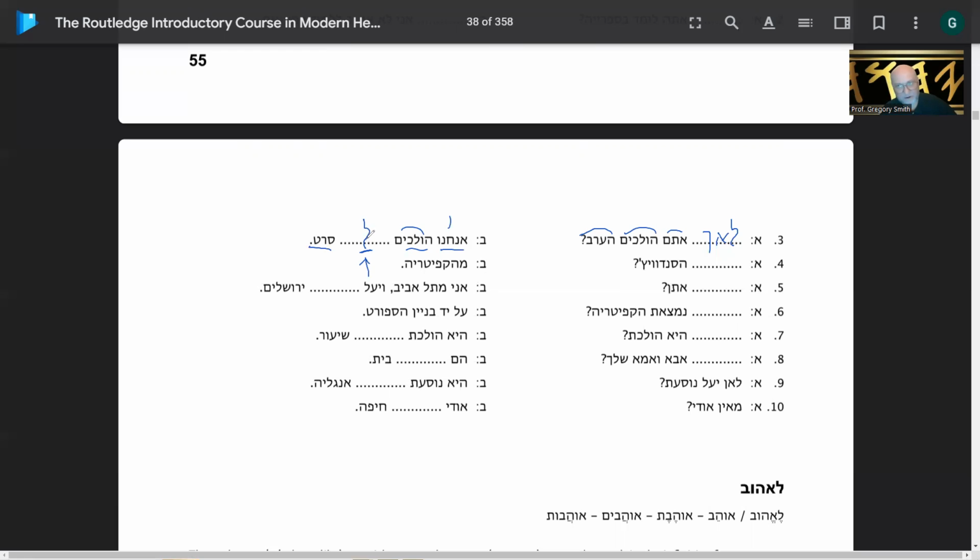But it could also say to a movie. If it's to a movie, then it's just lamed. Leseret, to a movie. But I'm not sure. Let's see what the answer key says. So we should have le'an and leseret.